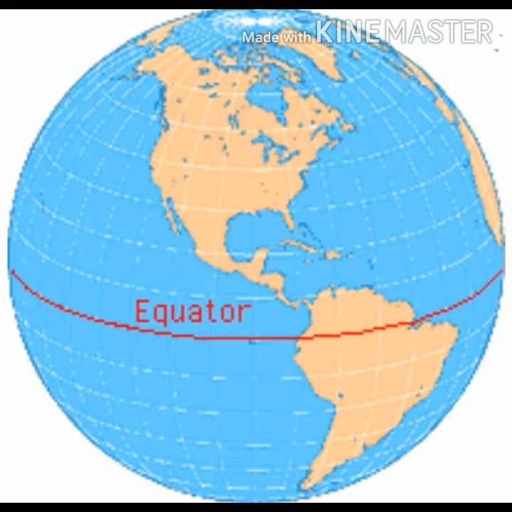The upper part is the northern hemisphere, the lower part is the southern hemisphere. And it is very important to know that the equator divides the globe or the earth into two equal halves. Equal है northern hemisphere also and southern hemisphere also.